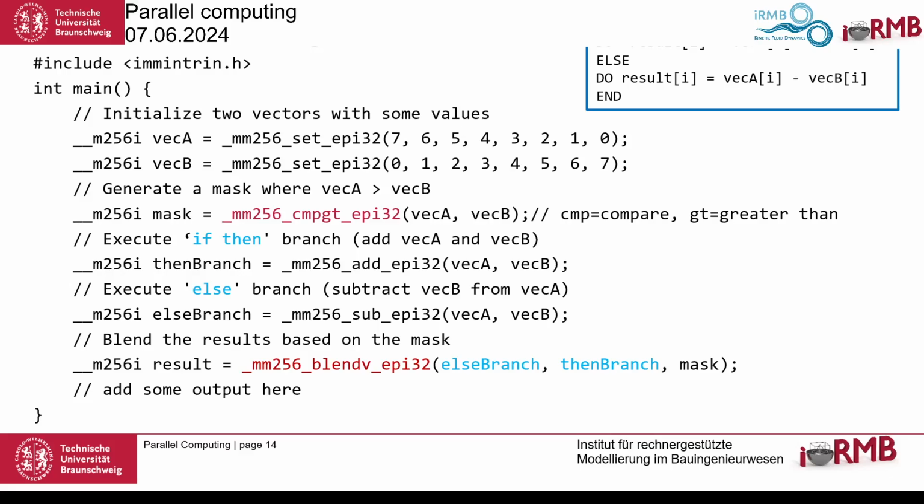It's not actually doing the if. So in this example, you're looking at vectors element by element. If an A element is larger than the B element, the result should be plus, otherwise it should be minus. Okay, so a synthetic example.